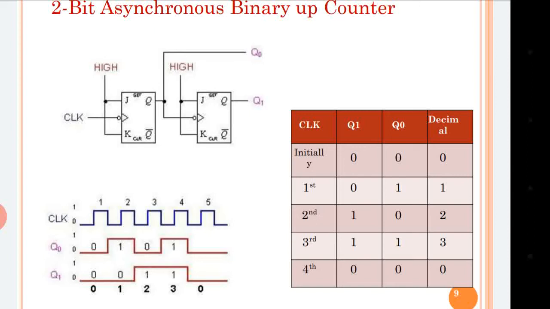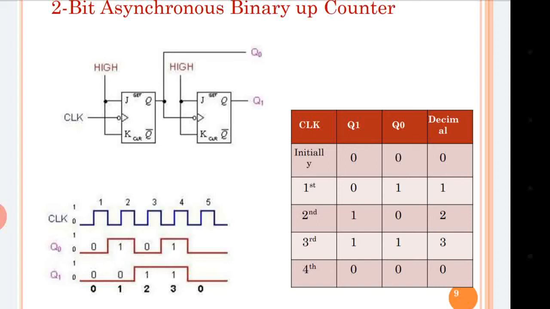Now this Q, that is the output of first, is given to the clock of next flip-flop. That means next flip-flop Q1 will toggle only for the falling edges of Q0. It will not respond to external clock. So remember that flip-flop 1 will toggle whenever Q0 is changing from 1 to 0, that is for the falling edges of Q0.